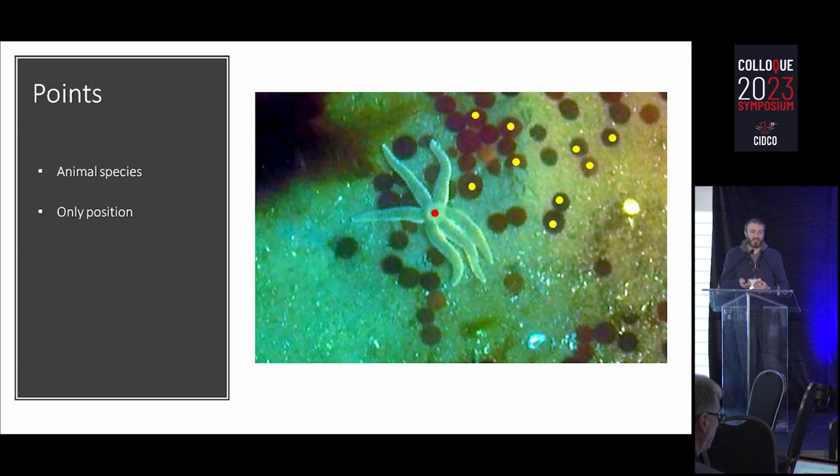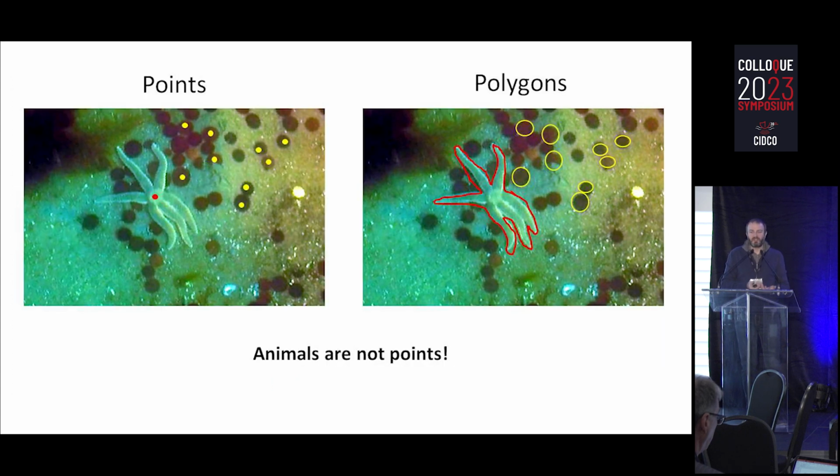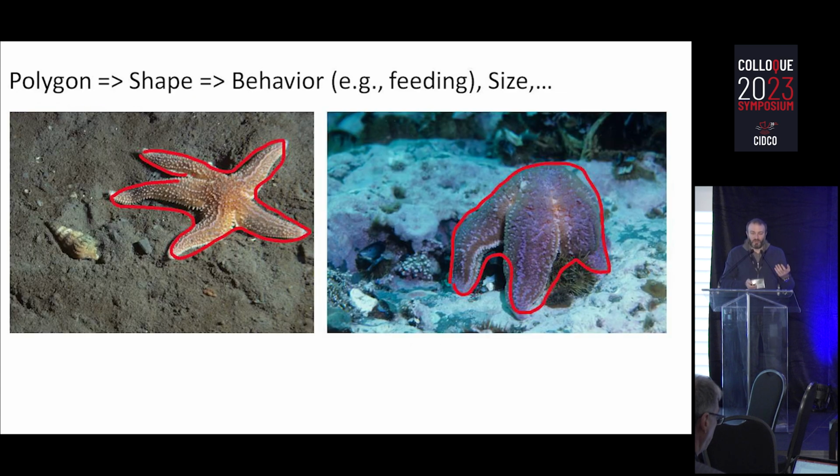For animals, we mainly use points so far, so we have the position of the animals, but not much more than that. We recognize that animals are not points, but more like polygons. This is what we would like to use in the future, because with polygons we can have other information about the animals, such as the size, or even try to understand the behavior from the shape of the animal.